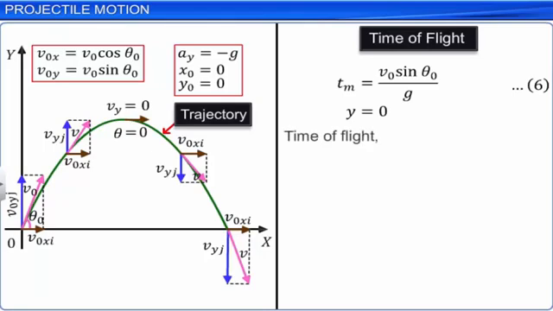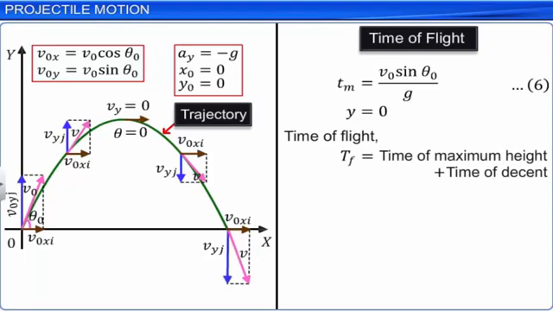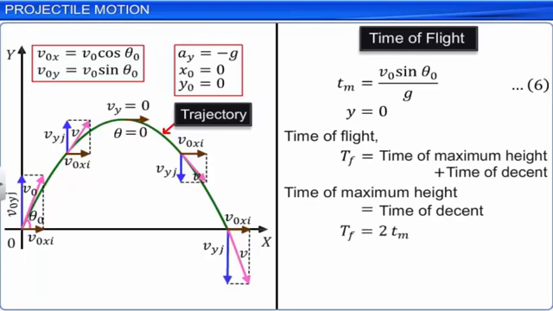By the symmetry of the path of the projectile, which is parabolic, the time of maximum height is equal to the time of descent. Therefore, Tf is equal to 2Tm. On substitution, we get Tf is equal to 2 v0 sin theta 0 by g. Let this be equation 7.